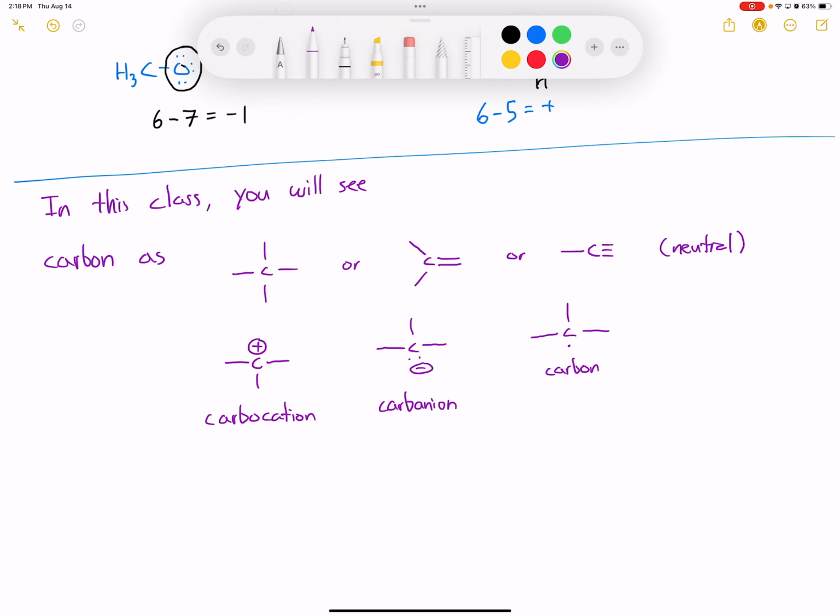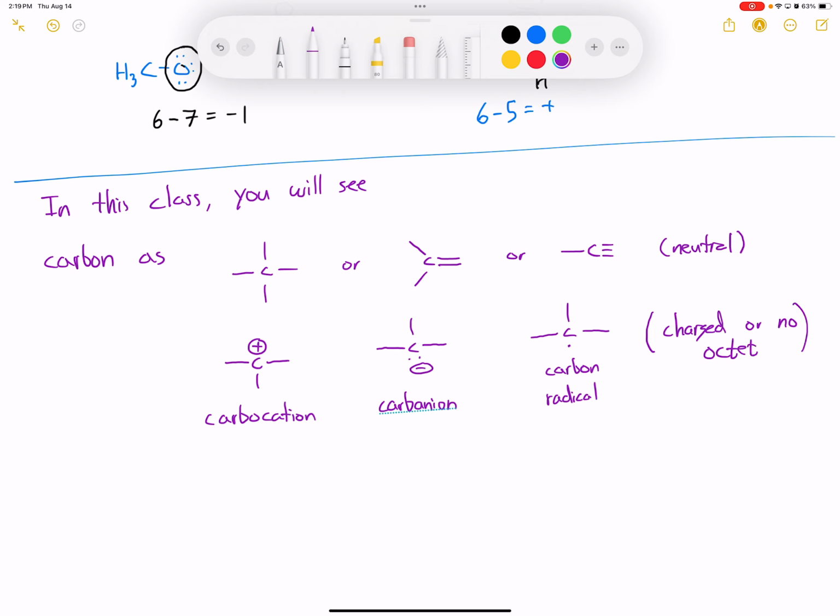It's also neutral, but the only difference here is that it doesn't have 4 bonds. Okay? Charged or no octet.